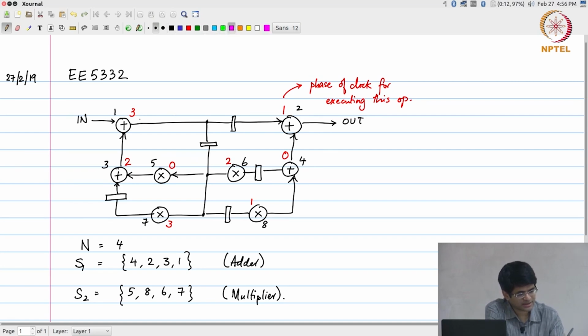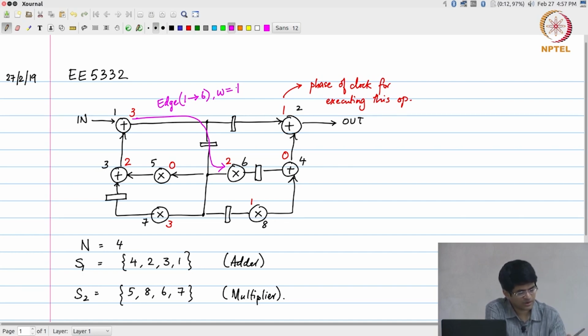What I mean by that is, for example, this line that I have drawn in magenta over here corresponds to one edge in the data flow graph. This is the edge from node 1 to node 6 with the number of delay elements on it equal to 1. This W is the number of sample delays.